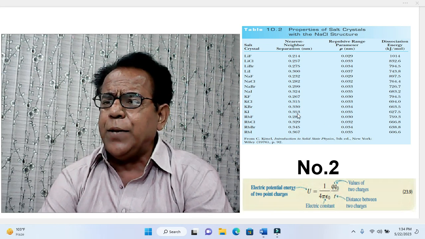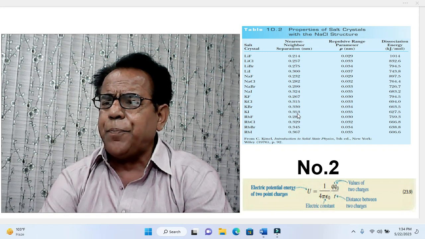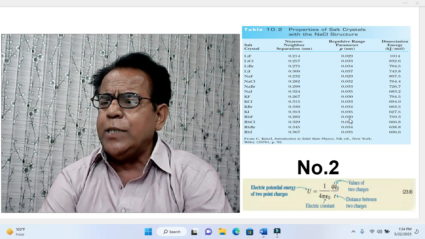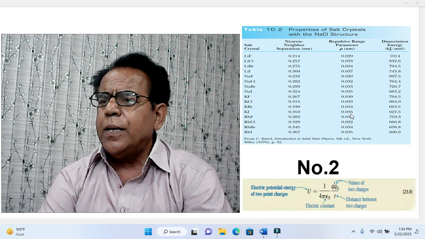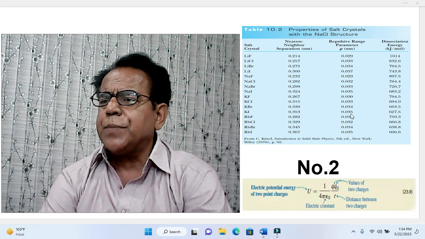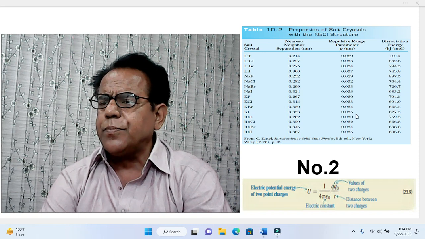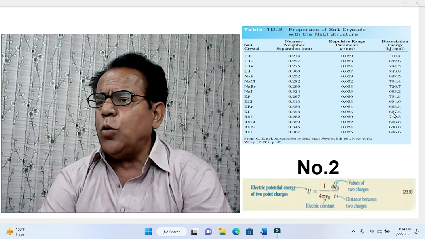0.353 nanometer nearest neighbor separation, then 0.035 repulsive range parameter in nanometer, then 627.5 dissociation energy in kilojoule per mole.